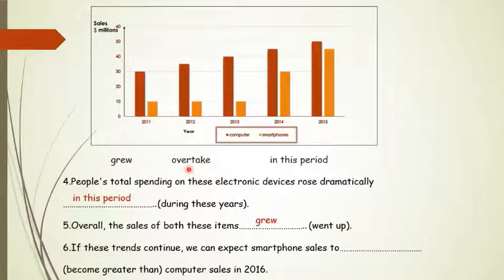Right. Can you read these now? People's total spending on these electronic devices rose dramatically in this period. Overall, like generally, overall, the sales of both these items grew.